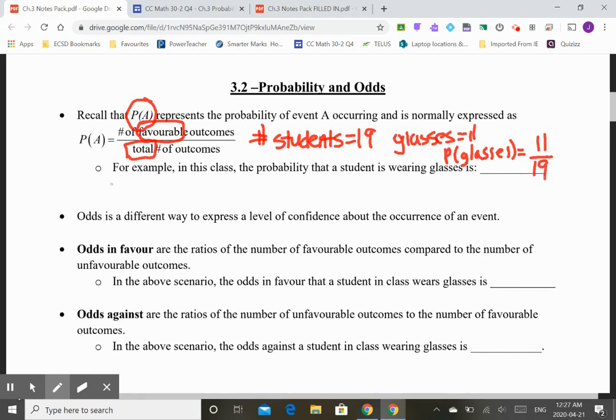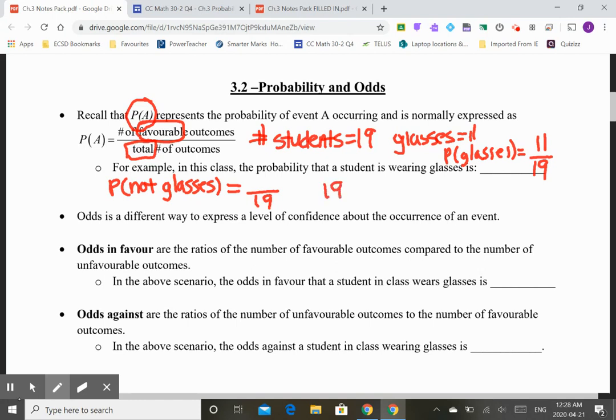What if we were asked for the probability that a student is not wearing glasses? Which seems like an odd thing to ask, but it's going to help us in this section. The probability of not wearing glasses. Well, the total number of students is still going to be 19. But what we have to figure out is the opposite of wearing glasses.